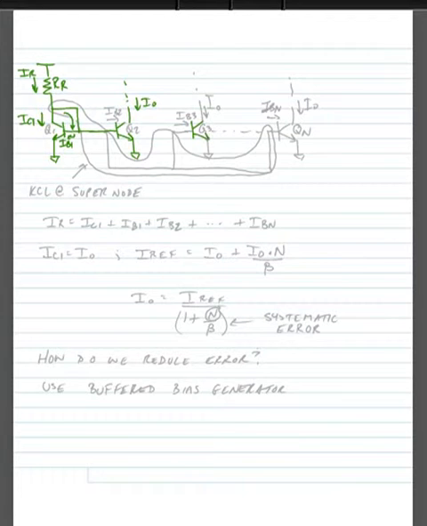We're going to have another current source that's also biased from that same bias generator. And we'll assume that we have N number of current sources, all outputting a current I0.